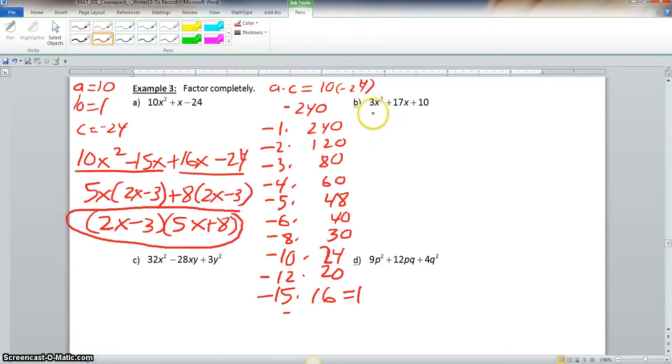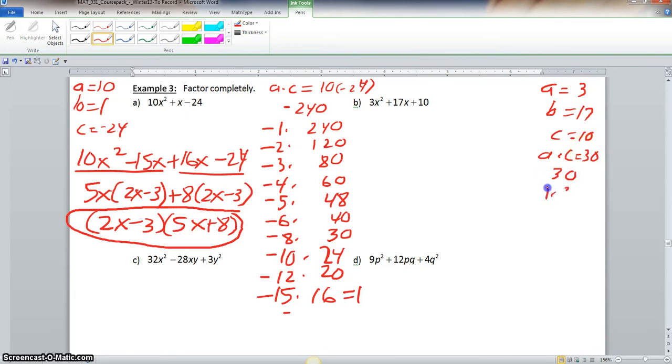Now we go here to B. Now, this is in proper order. They do not have anything in common except 1. So we will write out our A, B, and C. A is 3, B is 17, and C is 10. So we'll multiply our A and C, and we know it's 3 times 10, which is 30.